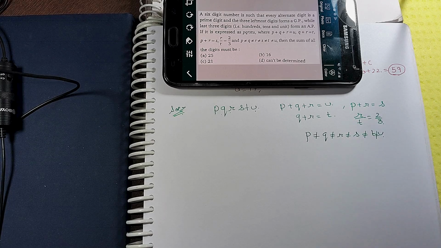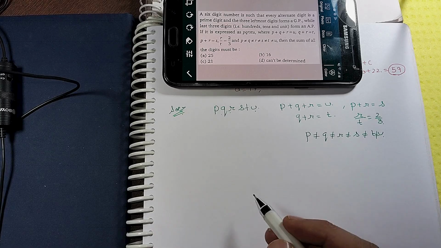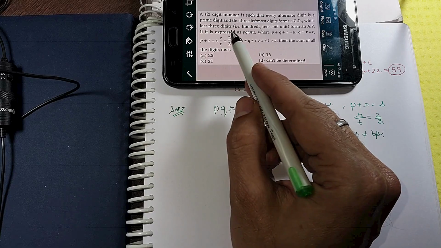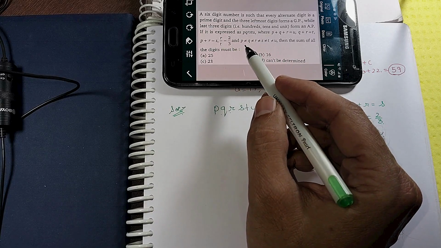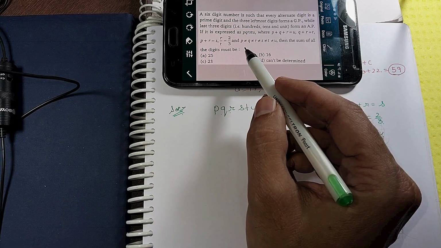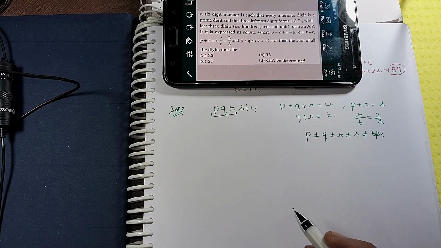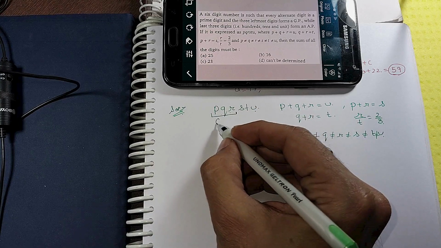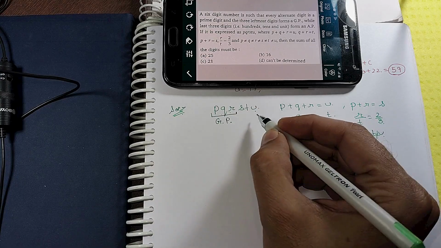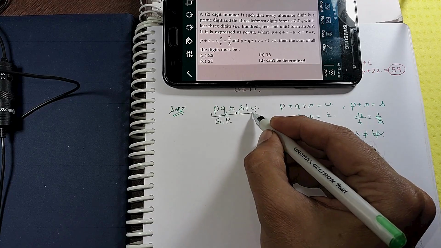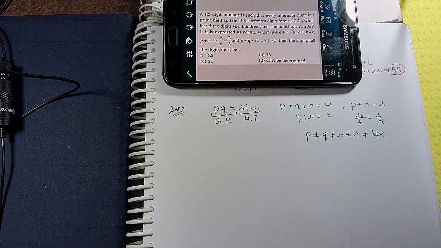Then the sum of all the digits must be found. Now we know that P, Q, R, every alternate is a prime digit, right? And the first 3 leftmost digits form a GP, while the last 3 digits, that means hundreds, tens and units, form an AP, right?